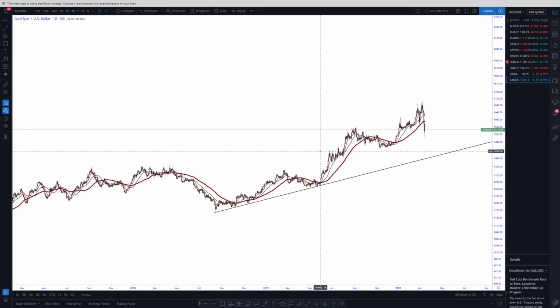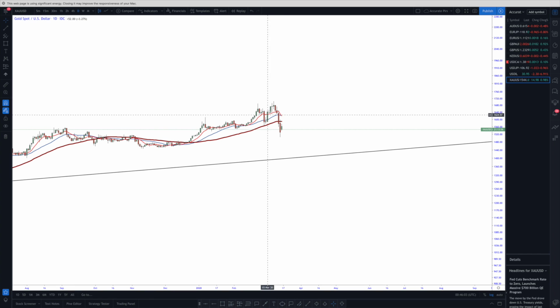So even though last week we saw quite a few bearish candlesticks, let's see this week, it might have some bullish momentum, but like I said, with all the coronavirus outbreak going on, market's very volatile. So just keep an eye on gold.